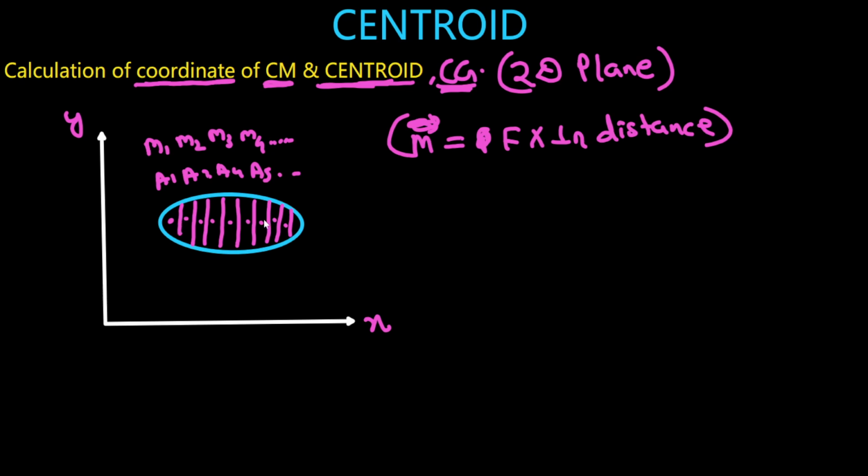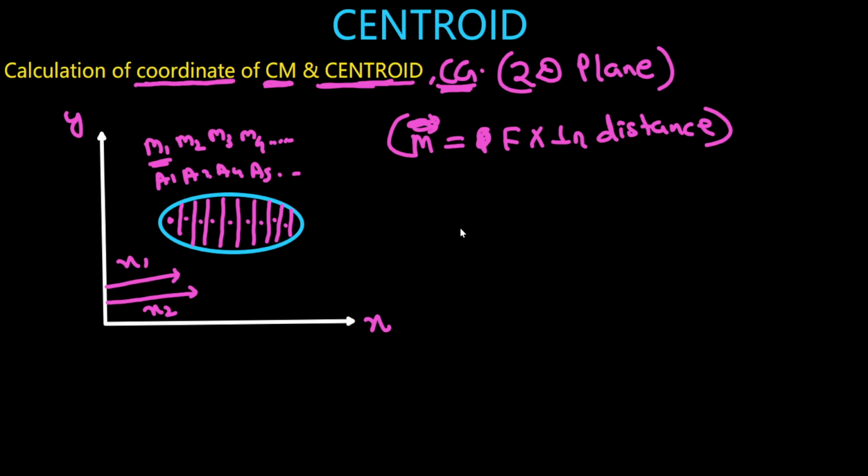Okay, so in that case, if I calculate the moment of mass about this y-axis, suppose this is the number one object having mass m1. So this is at a distance of x1 from the y-axis. Another is at a distance x2.